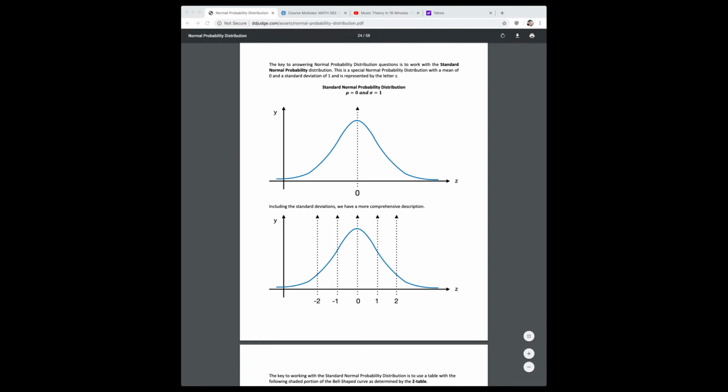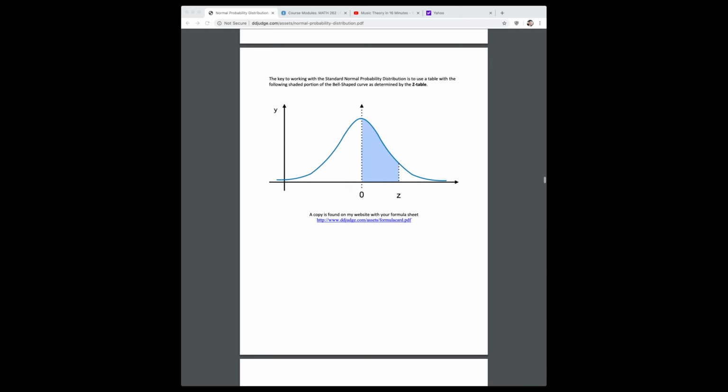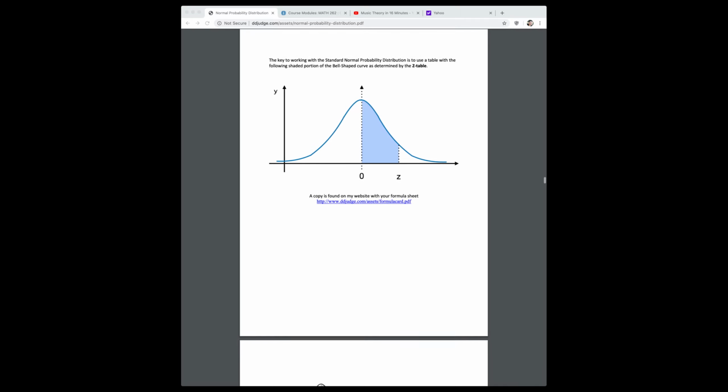So I'm going to bring some of this in for us so I know where to go. So here's essentially where we're at, ladies and gentlemen. Now, in order to do a real question about the normal probability distribution, in order to really be functional with this, we have to do the following here. Remember what I said.